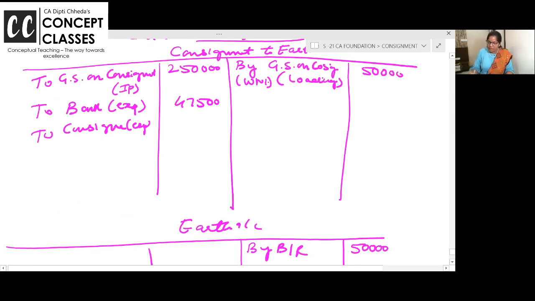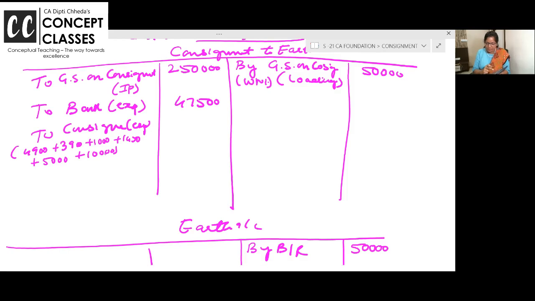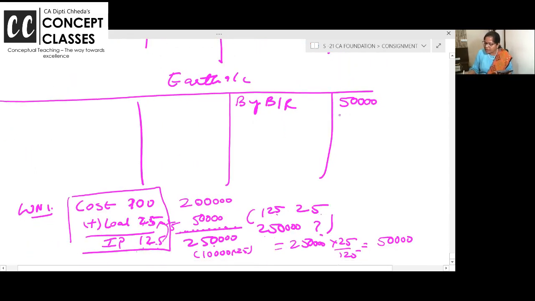Next. Now, consignment account debit to consignee expenses. 4,900, 3,900, 1,000, 1,450, 5,000, 10,000. 4,900 plus 3,900 plus 1,000 plus 1,450 plus 5,000 plus 10,000. 26,250. 26,250 is the total expense consignee you have incurred.